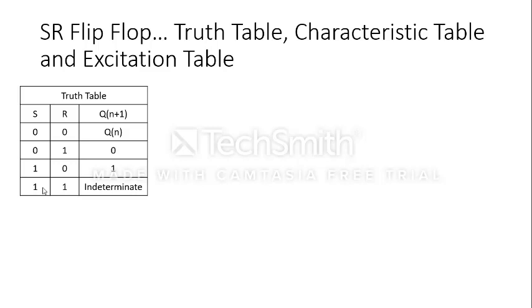Now when you try to prepare the characteristic table, the first thing that may come to your mind is, what is a characteristic table? In a characteristic table you will have all the combinations of your inputs and the corresponding output.